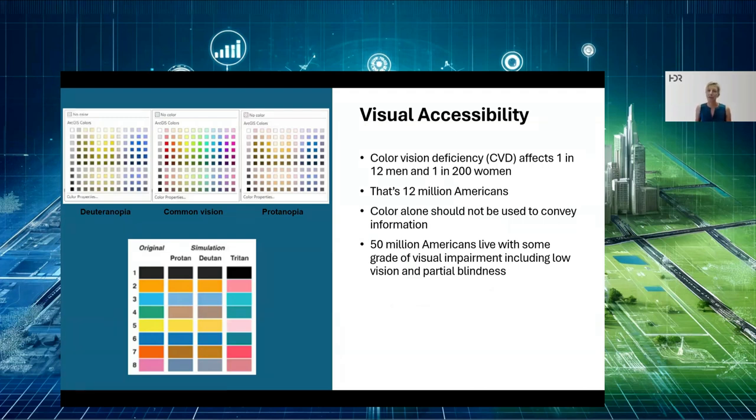So 508 really focuses on visual accessibility. CVD impacts a significant number of Americans, but it's something that we overlook many times when we're creating digital deliverables, particularly in simple things like sending a figure to a client. We're not thinking about the fact that there are 1 in 12 men and 1 in 200 women who may have trouble accessing that product that you created.